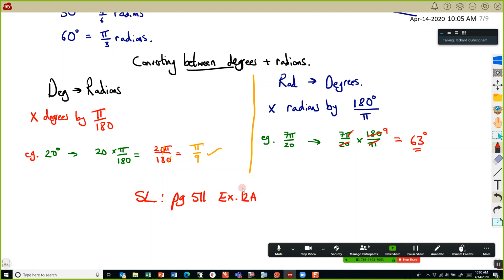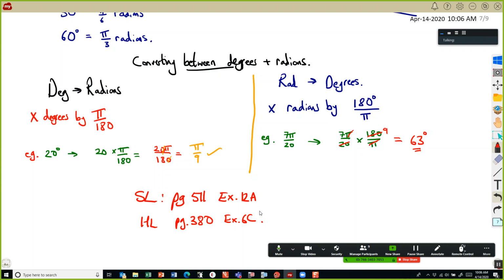And HL, in your book, you can have a look at page 380, exercise 6c. Okay, and this is just converting, okay?